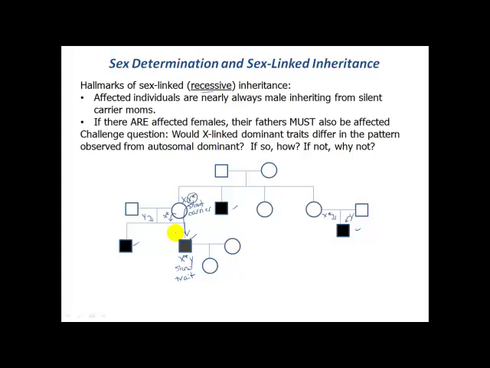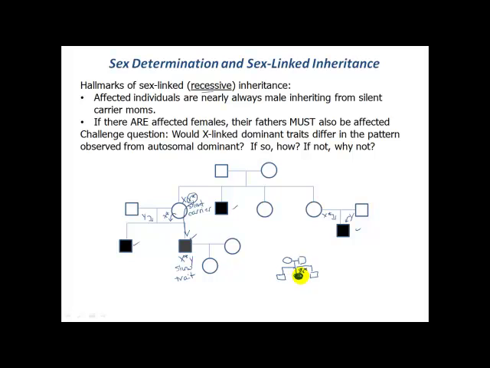Now, the other thing is that if we do see a female, so if we had another pedigree where we saw a man and a woman, they had offspring, and we saw one of their offspring was female. If this was an X-linked trait, she would have to be homozygous recessive for that trait, right?